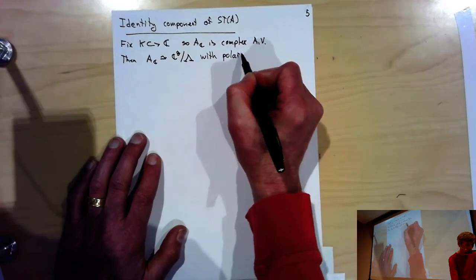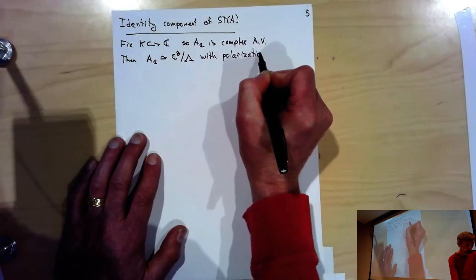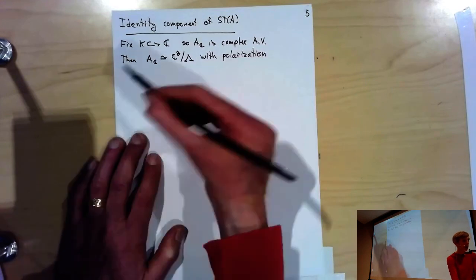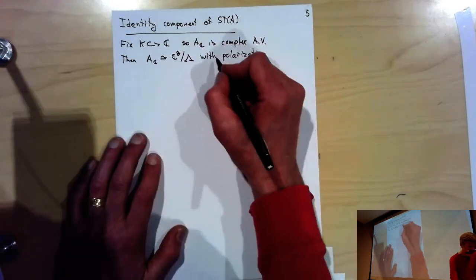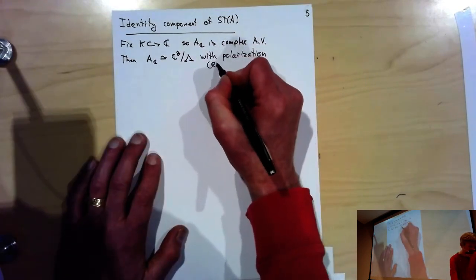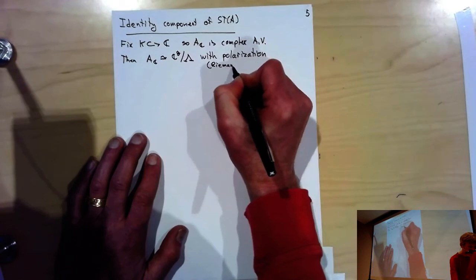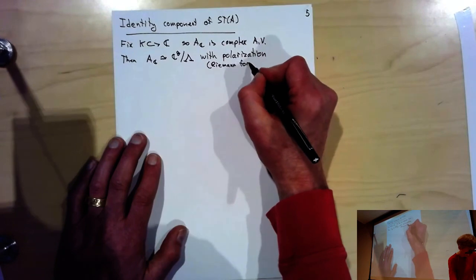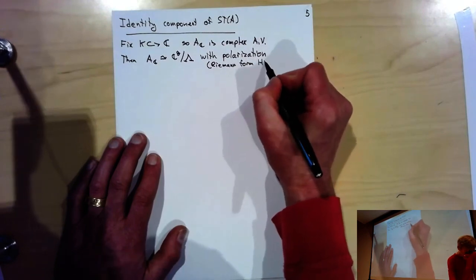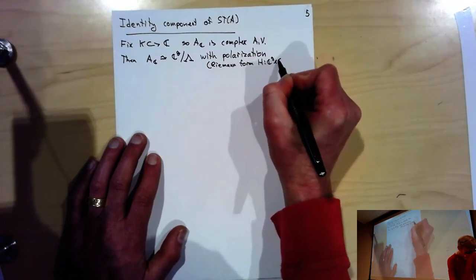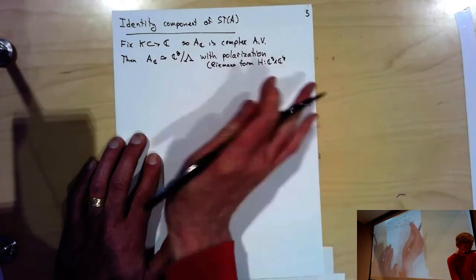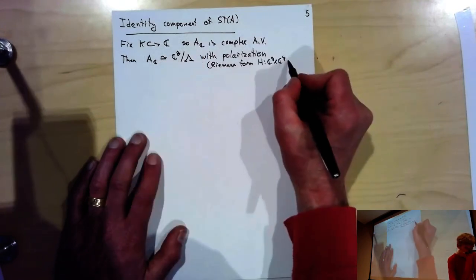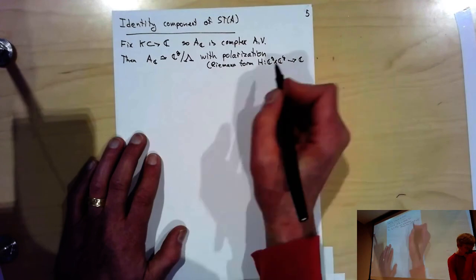Well, it doesn't necessarily come equipped with a polarization, but if I put a polarization on my abelian variety, I can put a polarization on the torus. Just to remind or inform those who don't know what this means: in the case of a complex torus, a polarization is a Riemann form. I'm fixing an isomorphism of our vector space with C^g just to make things a little more concrete.